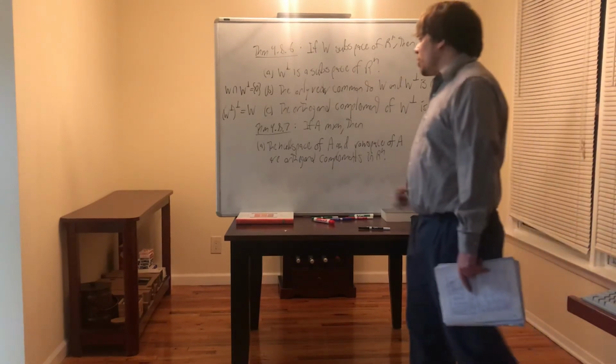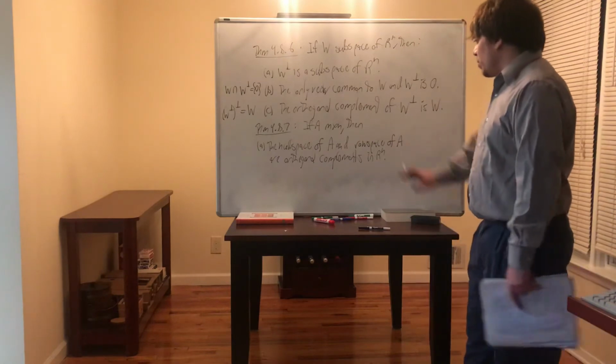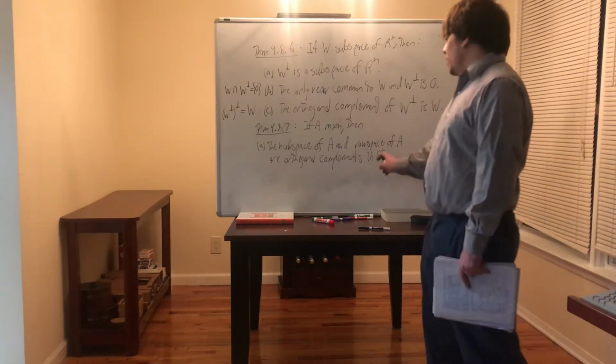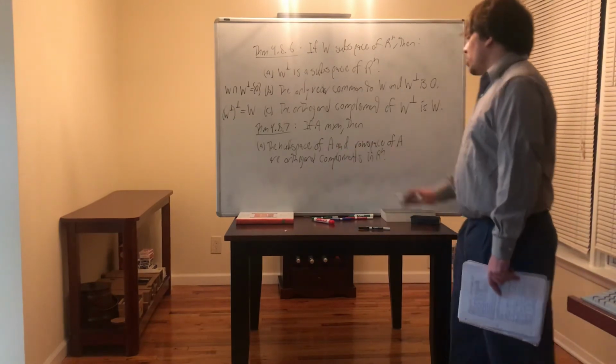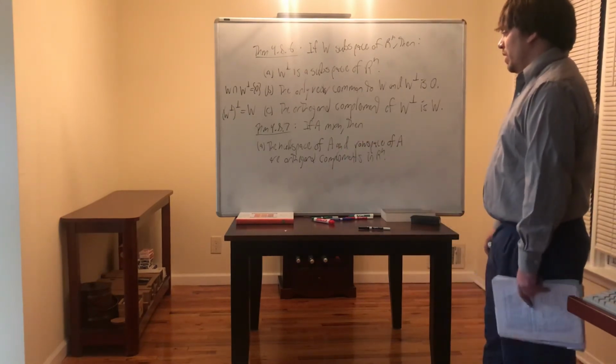Both the solution vectors of Ax equals 0 and the rows of A are in Rn. And so the null space of A and the row space of A are orthogonal complements in Rn.